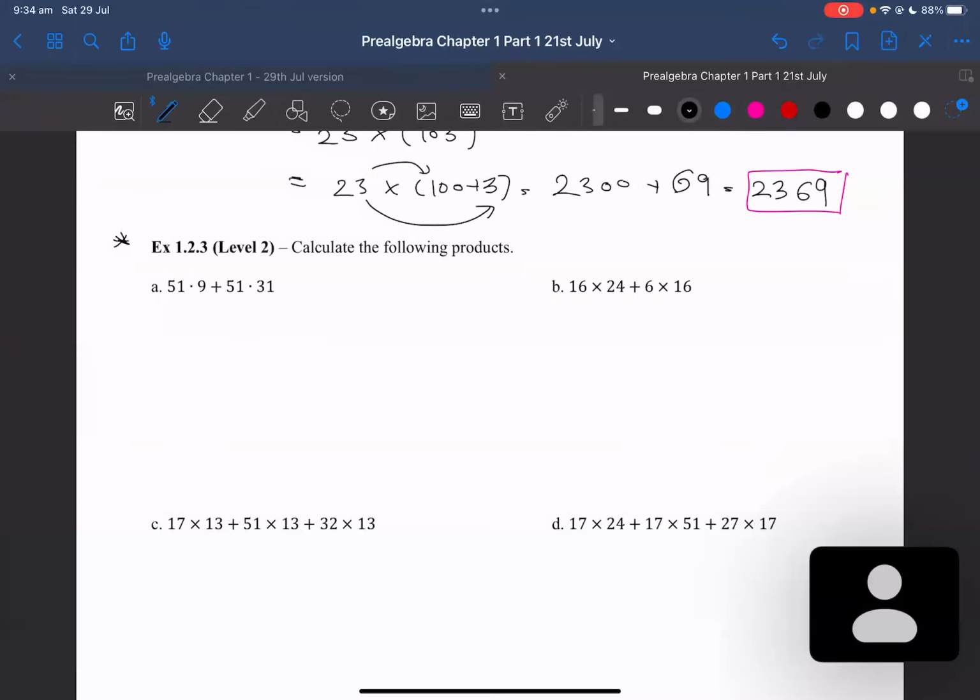So when we're using the distributive property, you're going to look for the common factors. What's a common factor?